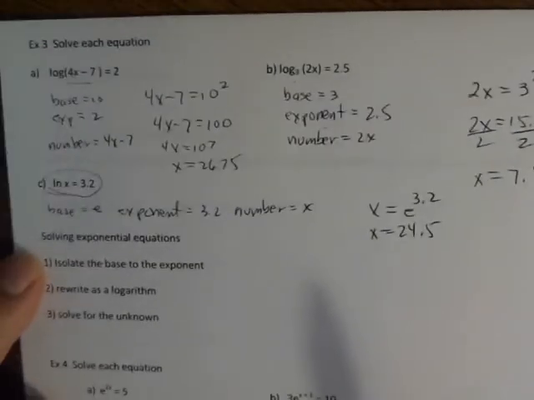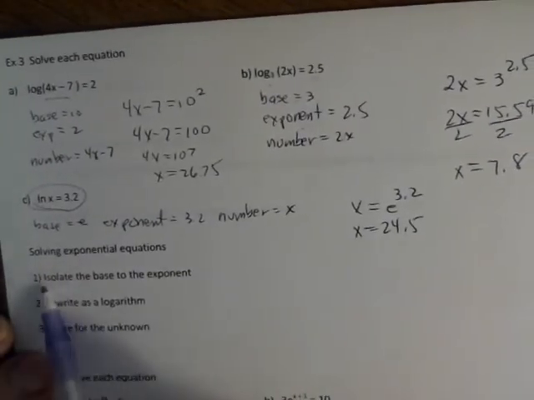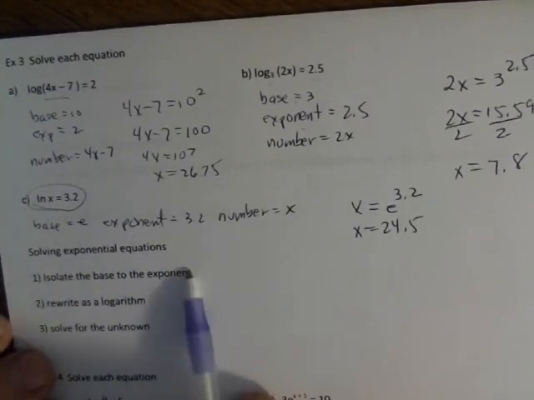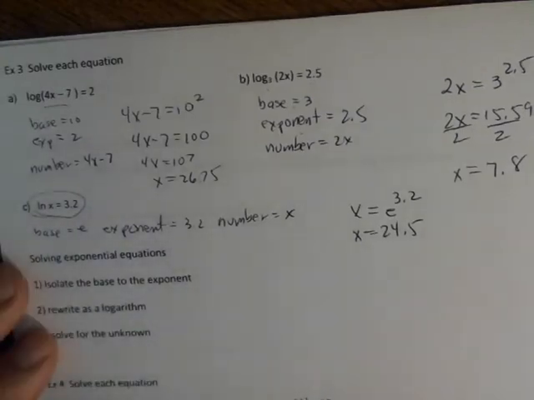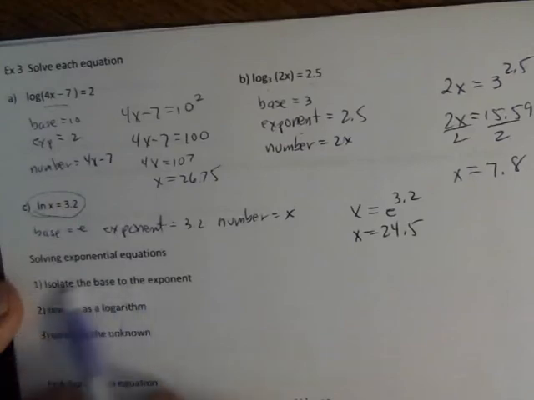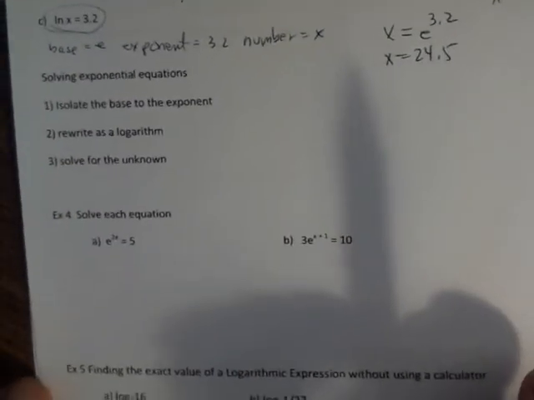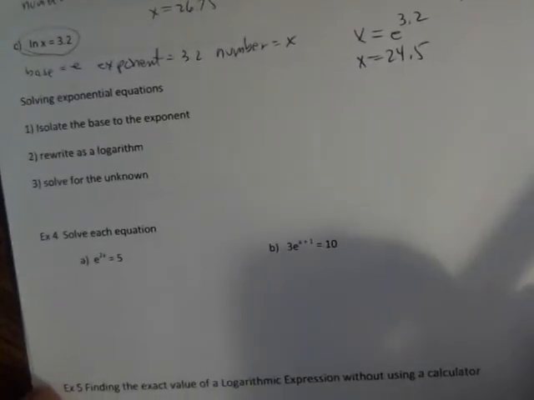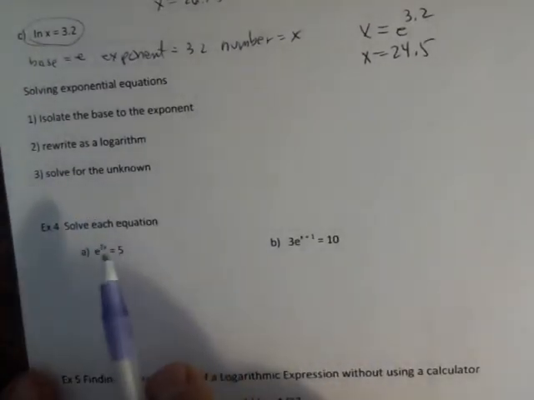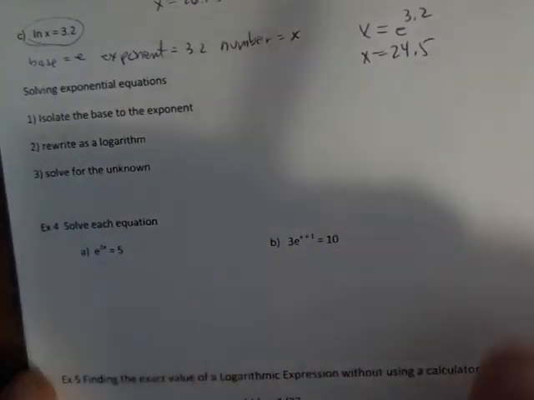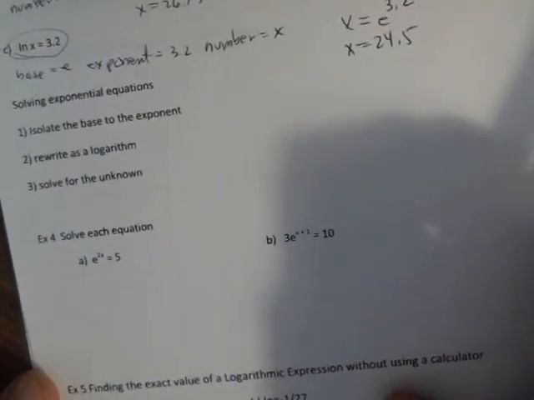Solving exponential equations. First, when we're solving an exponential equation, we have to isolate the base to the exponent. Make sure we have base to the exponent, and we have to know our number. Then we change to a logarithm and then solve. Now, we're going to get to other bases as we move on into 6.6, but for right now, we're just going to look at solving exponential equations with the base e.